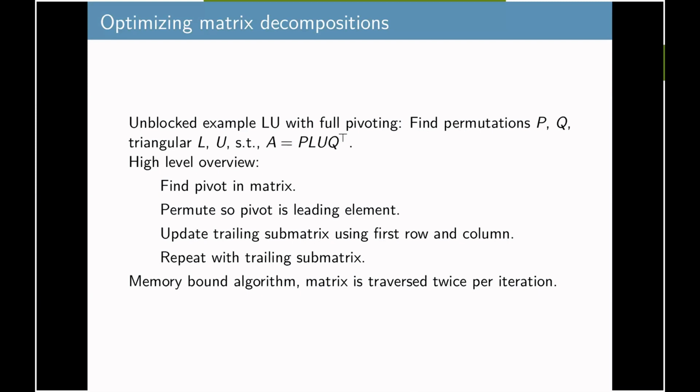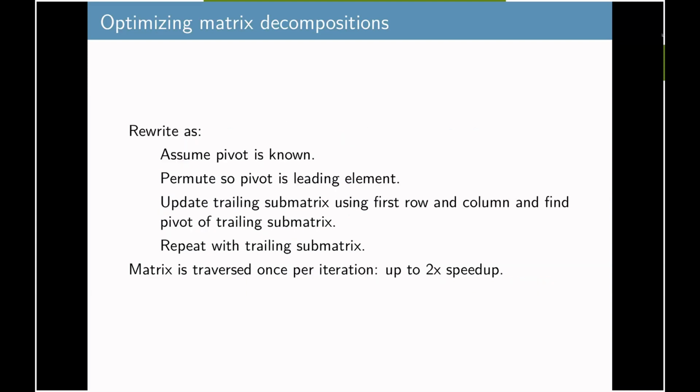And because of that, there's a crucial observation that we can make here, which is that we traverse the matrix twice per iteration. So we traverse it the first time when we want to find the pivot, and then a second time when we want to update the trailing submatrix. And with that observation in mind, we can rewrite the algorithm in this way. So we assume the pivot is known.